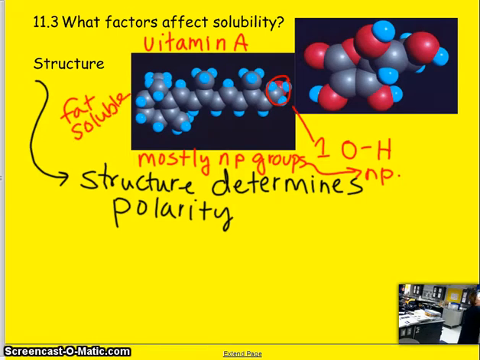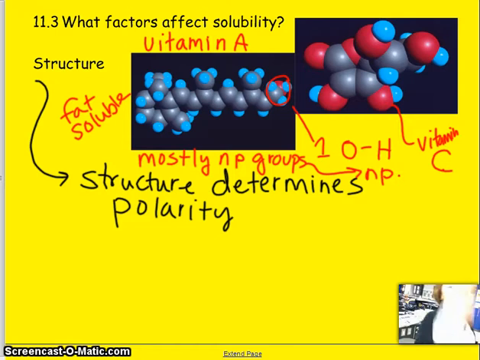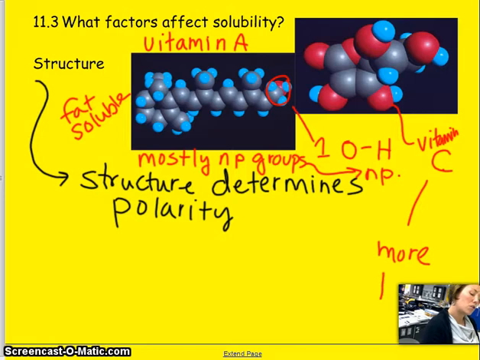What that means is your body can store vitamin A, and you could actually overdose on it because it can store it. It doesn't come out in your urine. This is vitamin C over here, and you can see vitamin C has more oxygen-hydrogen groups. It's more polar, so it is not stored in your fat.